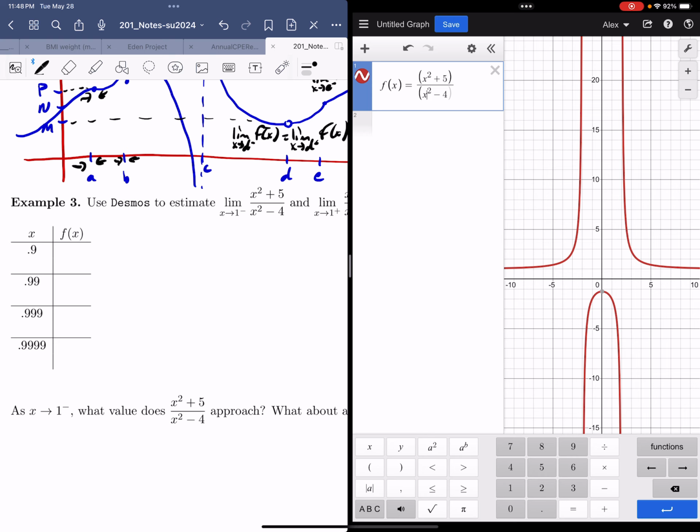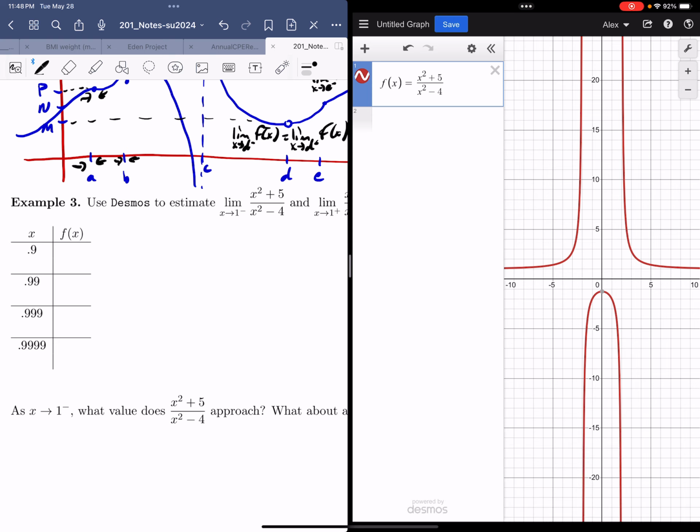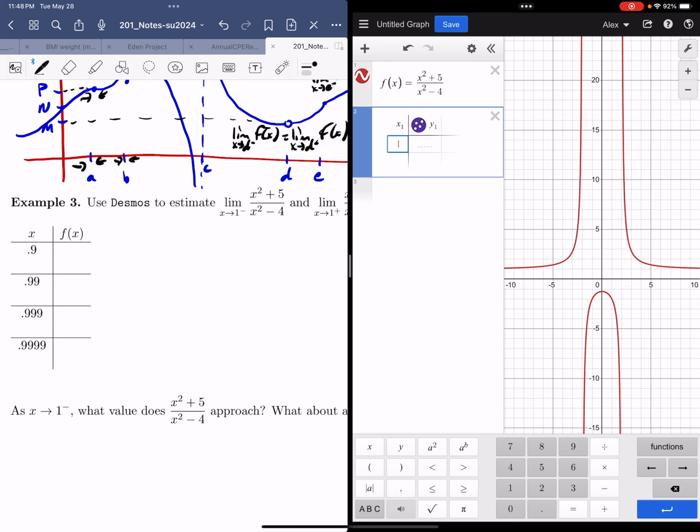And now we can delete the parentheses just because they're an eyesore. Anyway, that's our function. I strongly recommend defining f of x equals, and then creating a little table. So we're going to let x1 be a value close to 1, but less than 1, because we're approaching 1 from the left. If I say let x1 equal 0.9, then for y1 I can say, okay, what is f of 0.9?